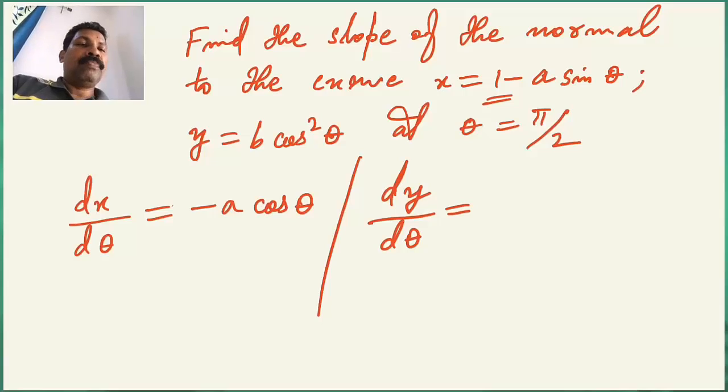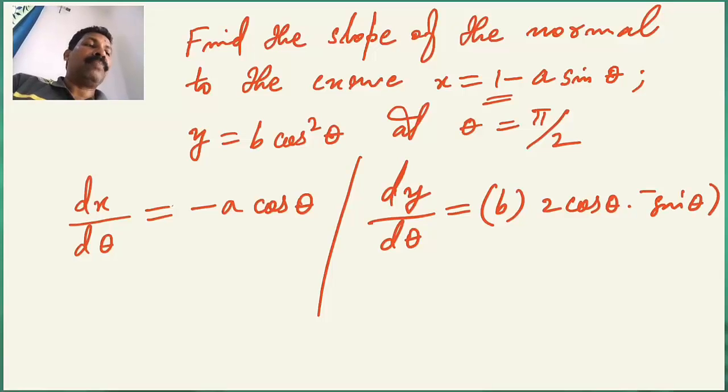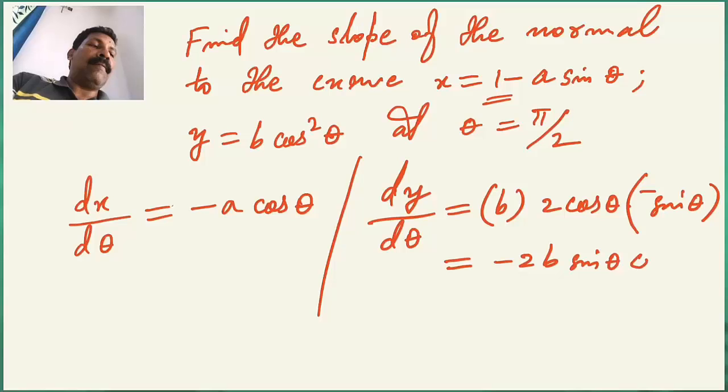That is b into, then cos square means 2 cos theta, then into negative sin theta. We are applying the chain rule here. So that is negative 2b sin theta cos theta.